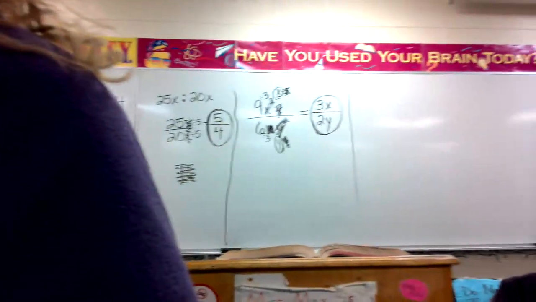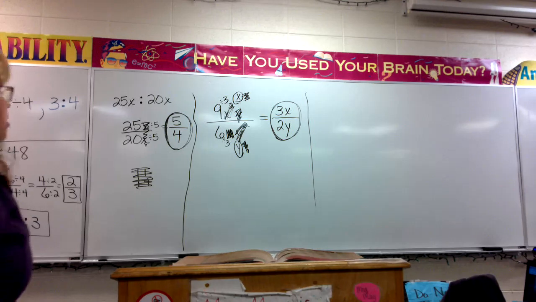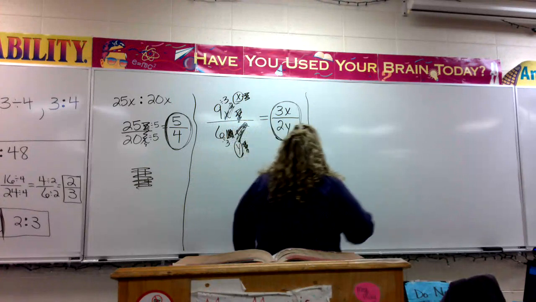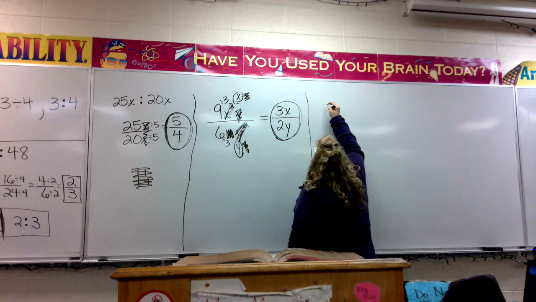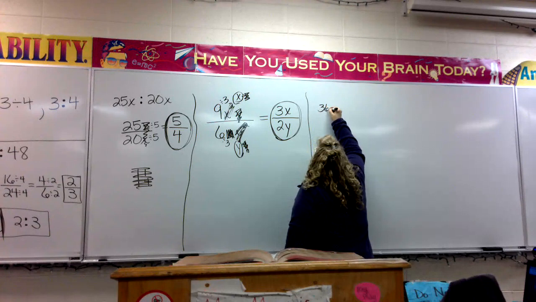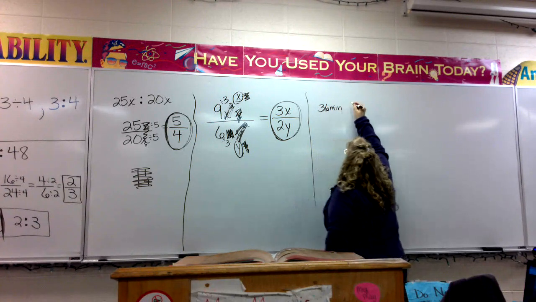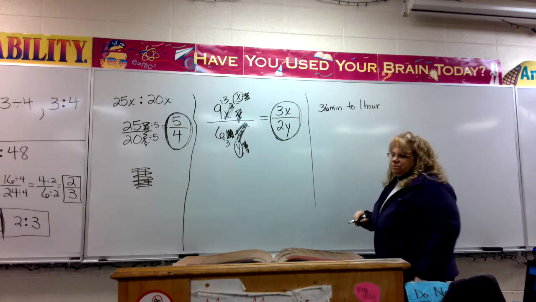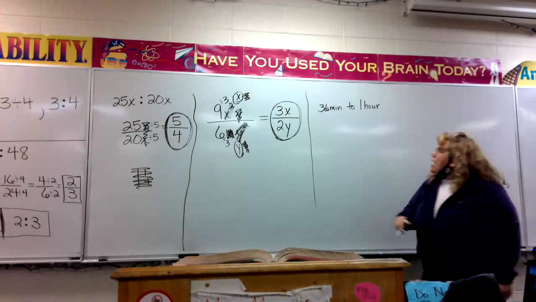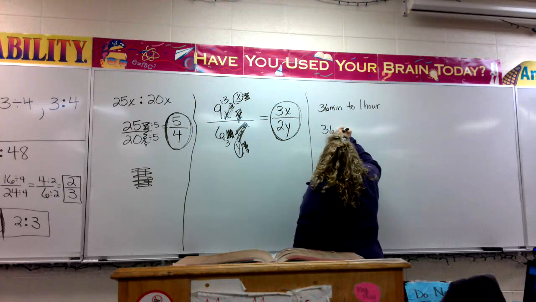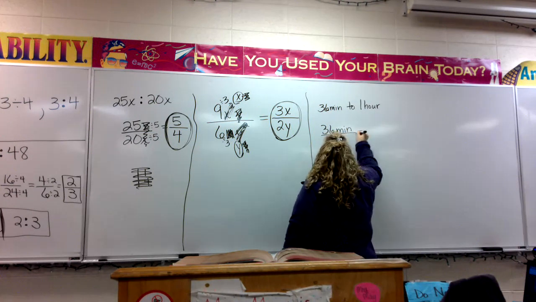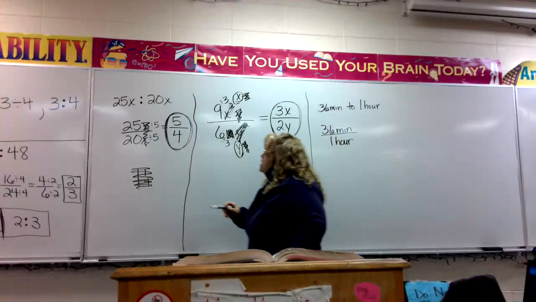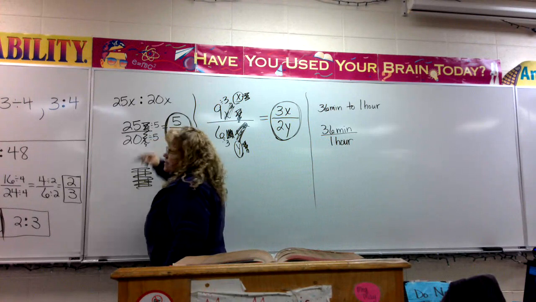Now, the only other thing about ratios is they have to be in the same units. So if I ask you, what is the ratio of 36 minutes to 1 hour? Well, just like over here, remember when our x and x canceled?